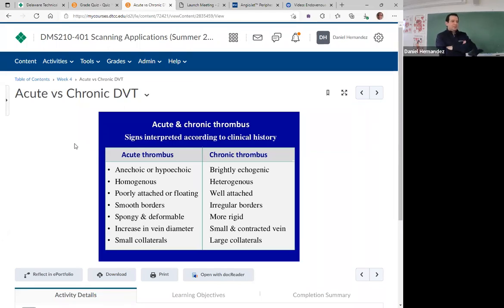Acute thrombus typically has smooth borders to it, whereas chronic DVT can potentially have irregular borders. Acute has a more spongy appearance to it, whereas chronic appears more rigid. In terms of the vessels themselves, with acute thrombus you have an increase in vein diameter, so they become big, dilated.